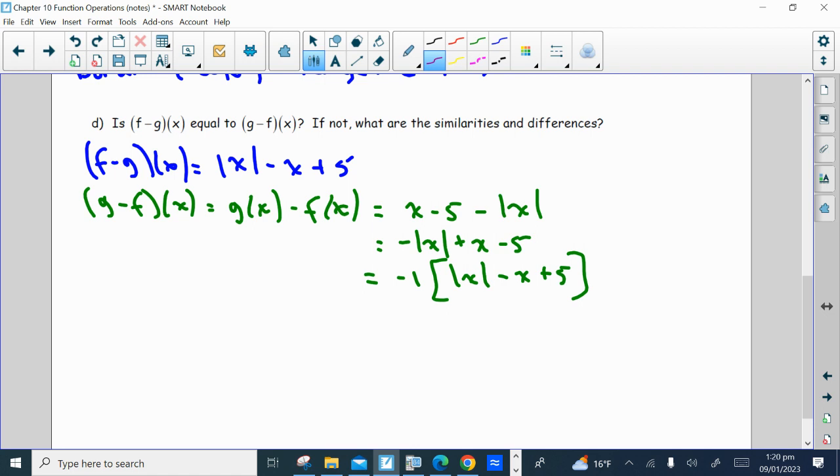So as a conclusion here, we can say that g take away f at x is equal to negative f take away g at x, which means that they are connected by a reflection over the x-axis.